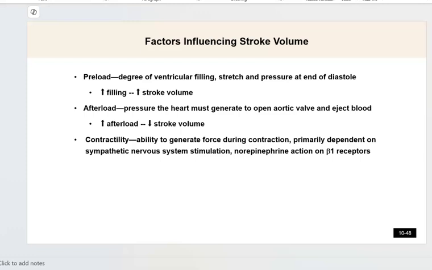Then the other thing that's going to affect my stroke volume is going to be my contractility. So the ability of that muscle to generate force primarily depends on sympathetic nervous system stimulation and how norepinephrine action is working on that beta-1 adrenergic receptor site. So these are some of the factors that we are going to have to understand when we're talking about this.